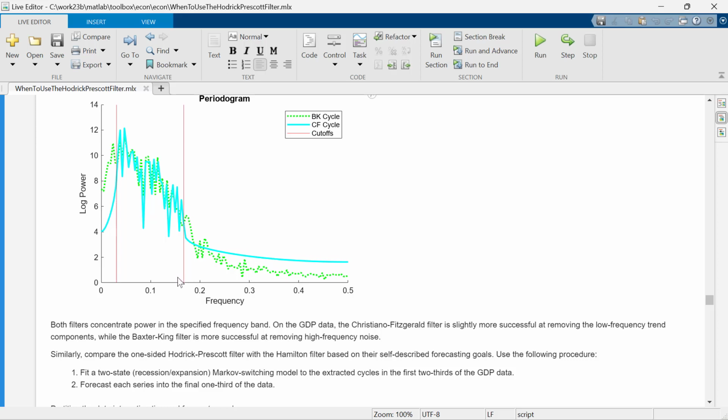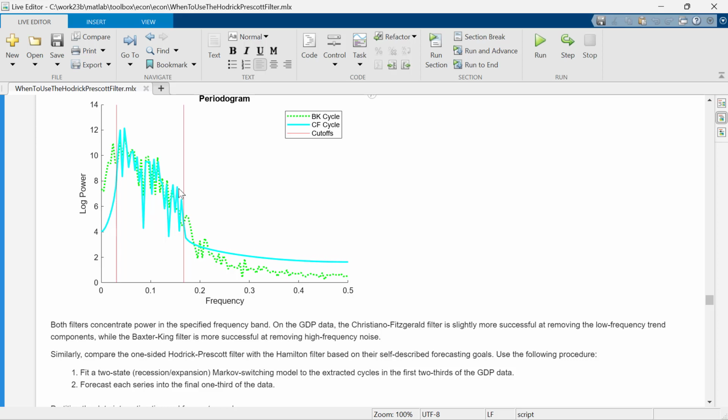And we can see that, again, it's kind of apples and oranges, that for this particular data, this GDP data, the Cristiano-Fitzgerald filter does a much better job of filtering out the low frequencies, the trend data. But in this case, at least, the Baxter-King filter does a better job of filtering out some of the high frequencies, the things that would be dumped into the cyclical component in a Hodrick-Prescott cycle.